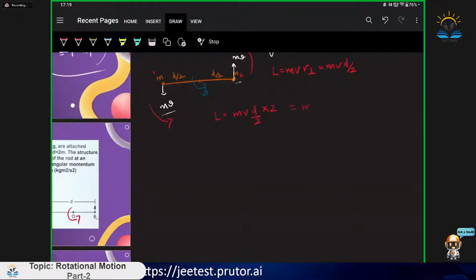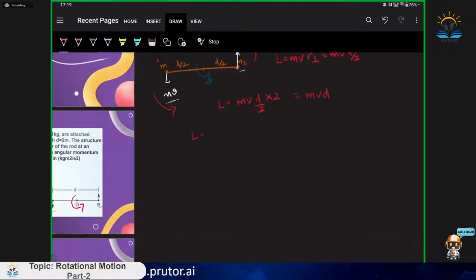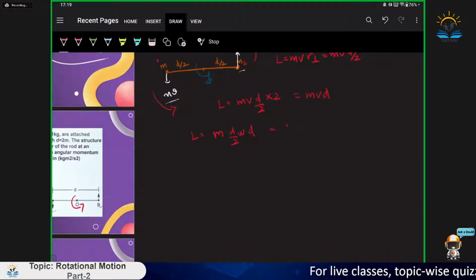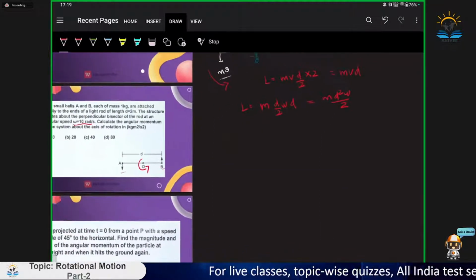That will be mvd. And we can write v as r omega, where r is d by 2. So d by 2 omega, giving m d square omega by 2. Just substitute those values.